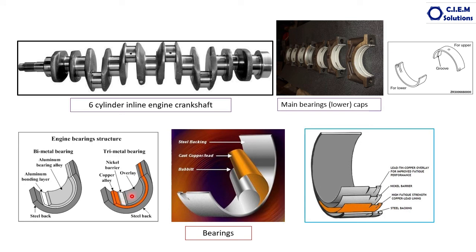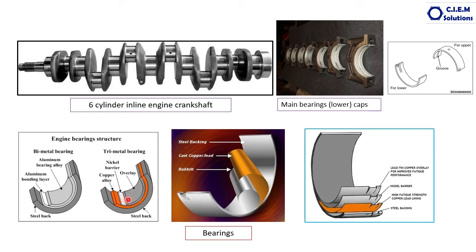The next top layer is the overlay. This is the very critical part. It should give excellent cushioning to the crank journals and should be able to absorb the shocks and give smooth spreading of the lubricating oil.